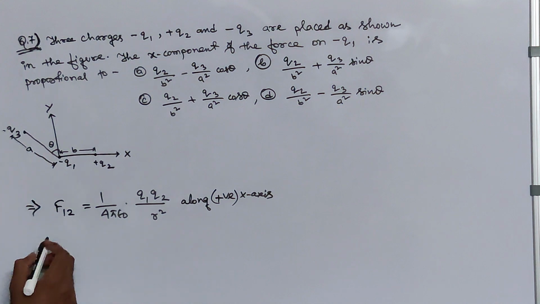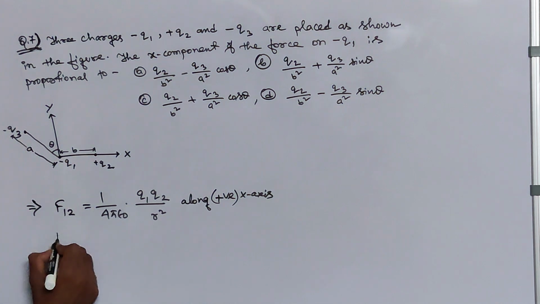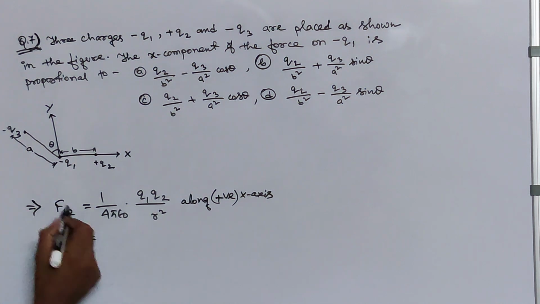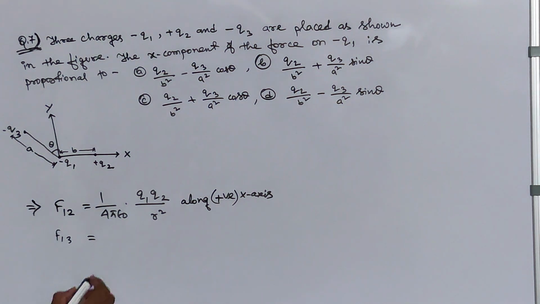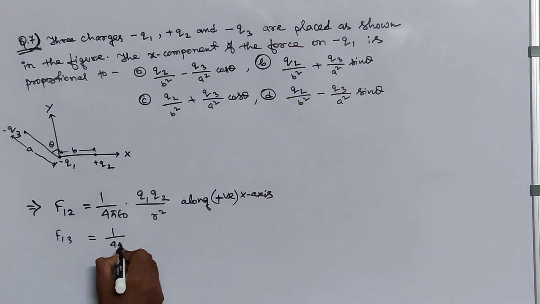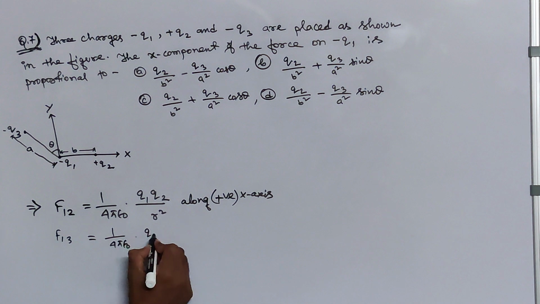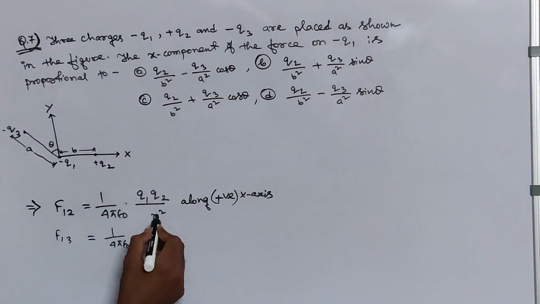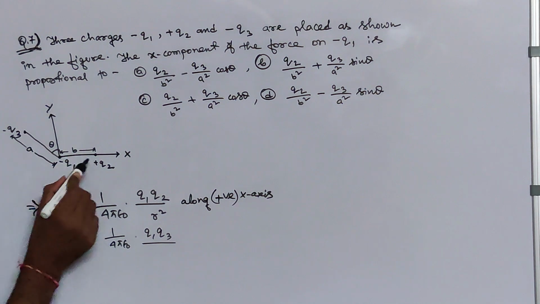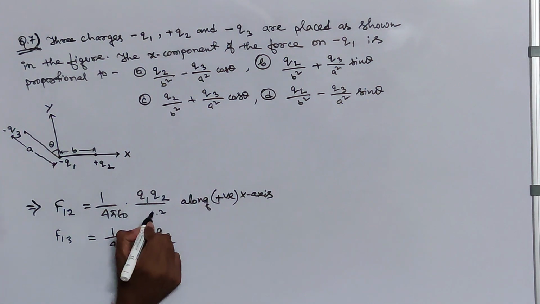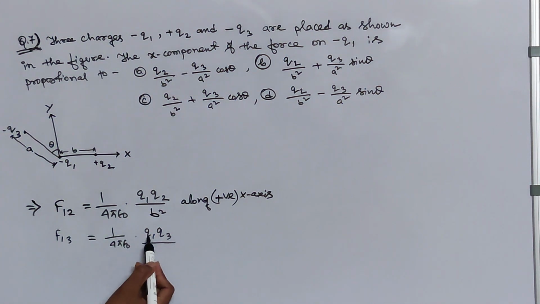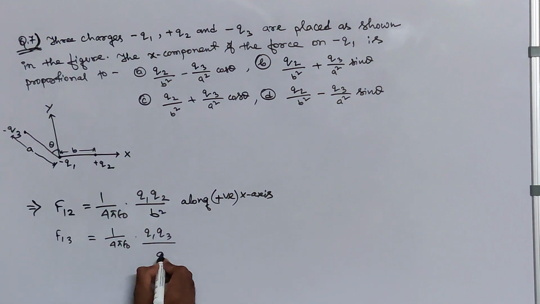Okay. What will be the force on 1 due to Q3? It will be nothing but 1 by 4 pi epsilon naught Q1 Q3 divided by R square. Sorry, it is not R square. See, the distance between Q1 and Q2 is B, so it will be B square, and the distance between Q1 and Q3 is A, so it will be A square.